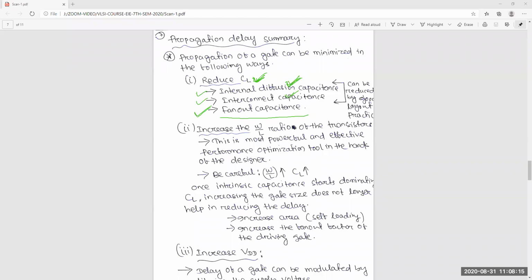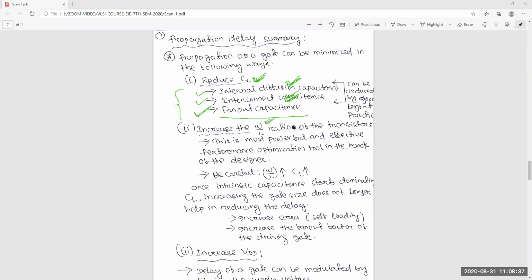Internal interconnect capacitances also, by doing proper layout, meaning less routing and proper routing, we can reduce these capacitances. This is one part, and the second part is to increase the W/L ratio.